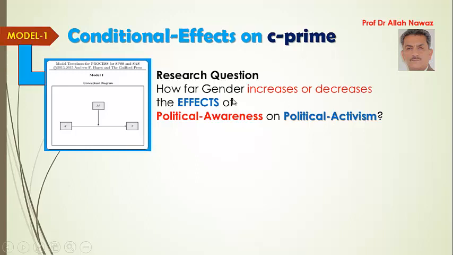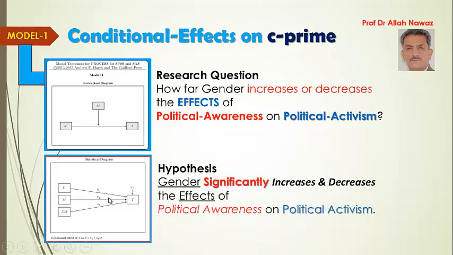Meaning that we are assuming, as per literature, that when the case of X affecting Y is under discussion, the type of respondent as male or female changes the effect of X on Y. That is the research question, and we shall test it with our field data to see how far this is correct.